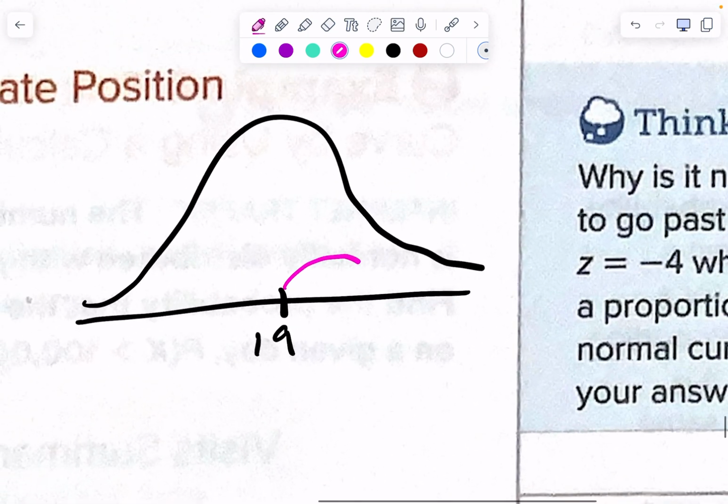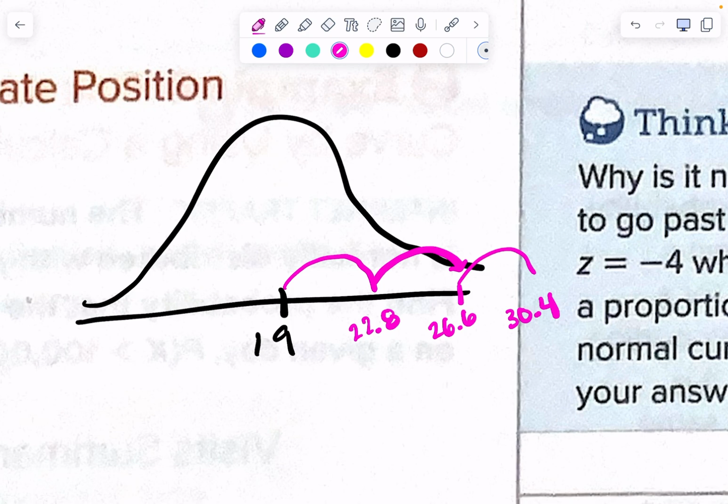So that means we add 3.8. Adding 3.8 would be 22.8. If I add 3.8 again, I get 26.6. If I add 3.8 again, I get 30.4. Now help me subtract.